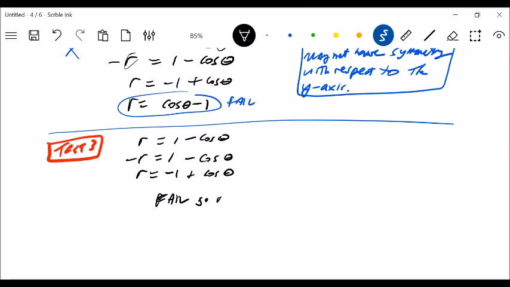So it may or may not be symmetrical to the origin.